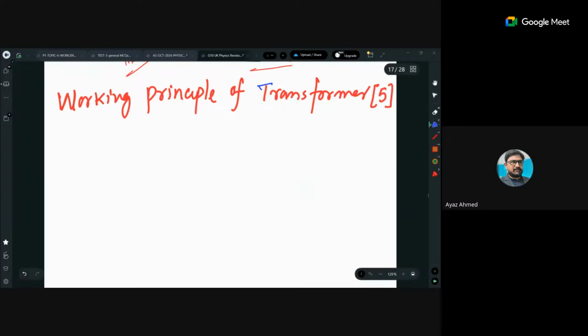You can score at least 5 marks if you add all these points.